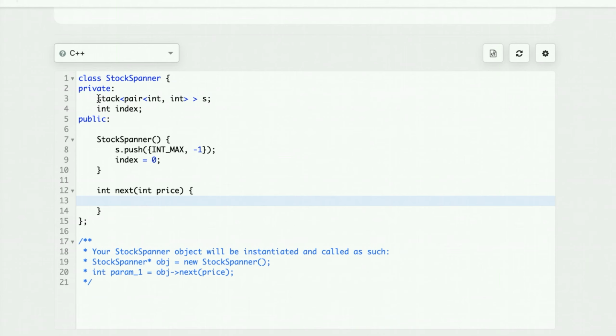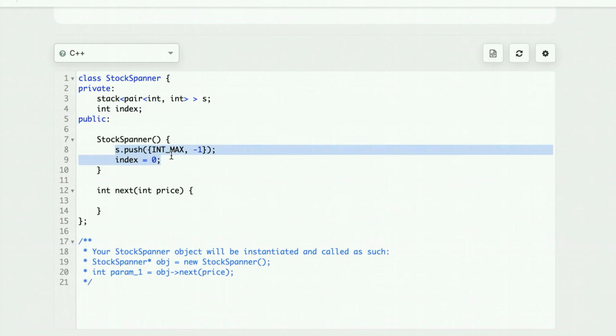So I have initialized two private variables. One is stack, where we will store the price and the index at which the price came, and also we will need an index to know the index of the current price, current stock. Also in the constructor, I have initialized the stack by putting the first element on the stack with int max and -1 as we decided, and also the first index should be 0.